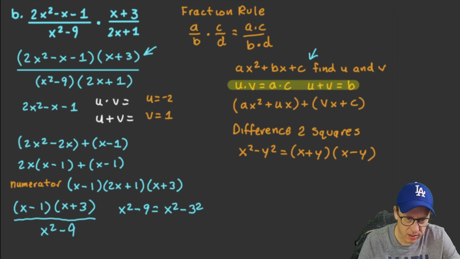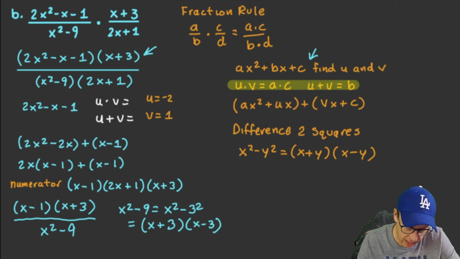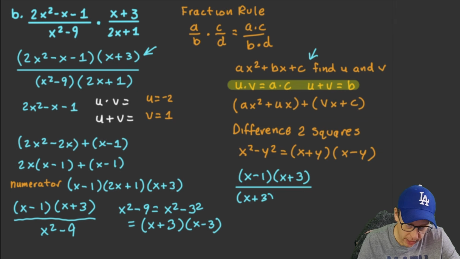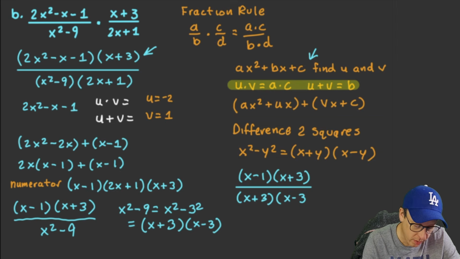And then we can simply convert this into x plus 3 and x minus 3. And that means that if we take our numerator and our new denominator like this, x plus 3, x minus 3, of course those are going to cancel out.